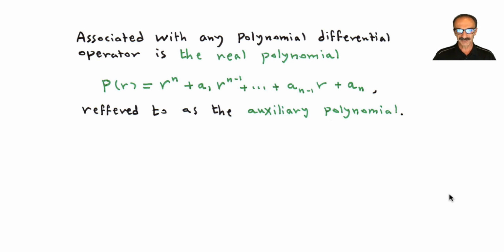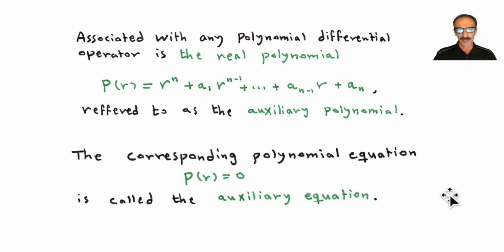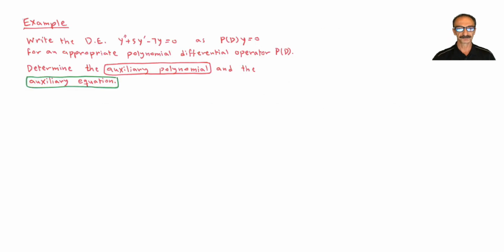That's a quick way to start solving differential equations of this type, by introducing a new term called the auxiliary polynomial. You'll see that in some examples. The corresponding polynomial equation P(r) equals 0 is called the auxiliary equation. So this is a polynomial, set it equal to 0, and they call it the auxiliary equation.